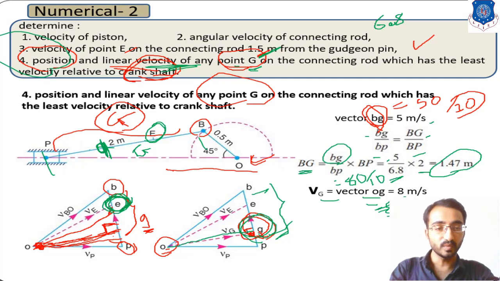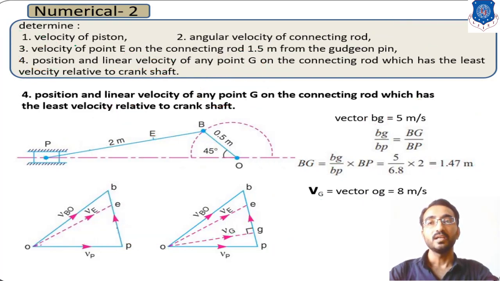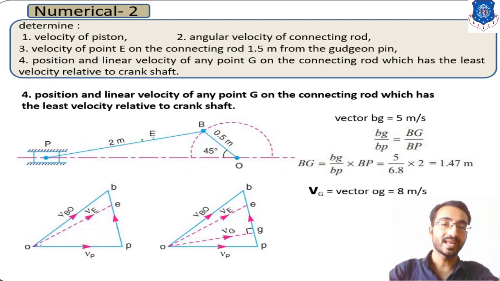Okay, so in this way you can solve position and velocity of any point on this connecting rod. Okay, so this is a simple method by which we can solve numericals in velocity analysis, and this method is useful for any type of mechanism, not only for a 4-bar chain or a single slider mechanism.